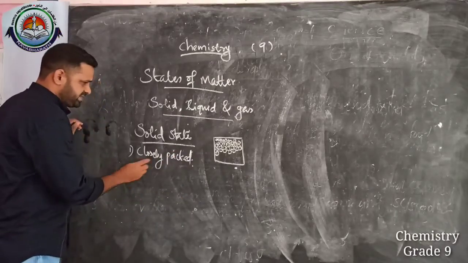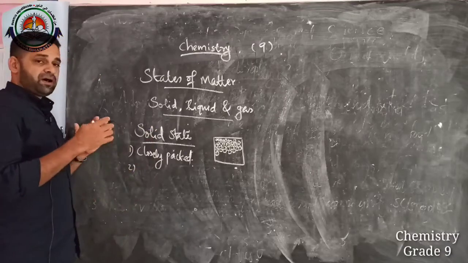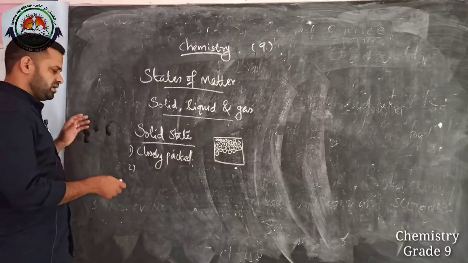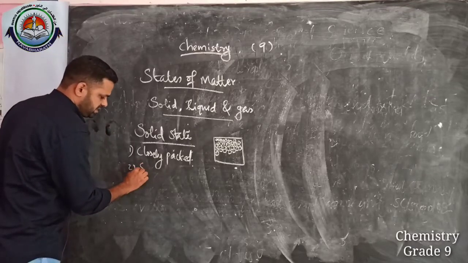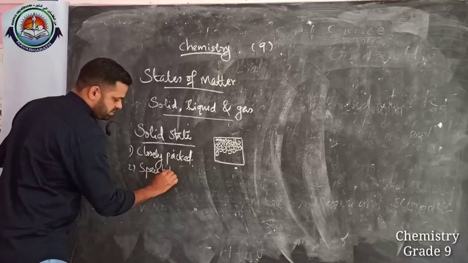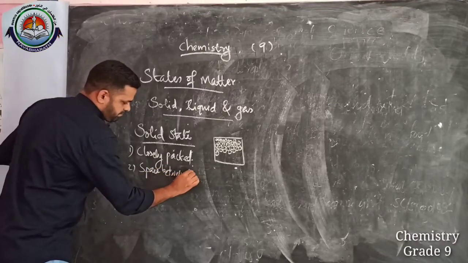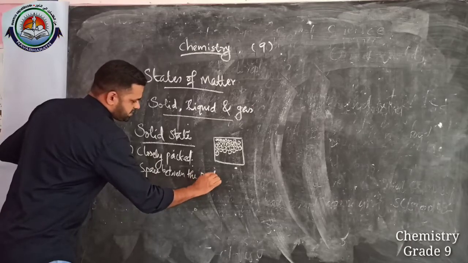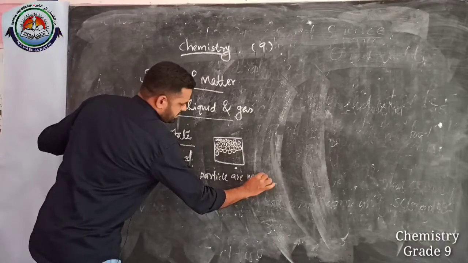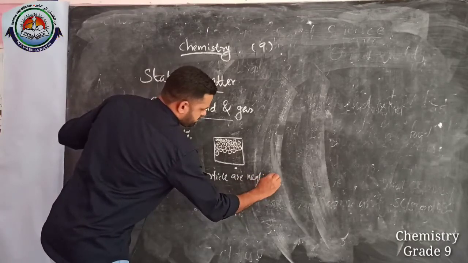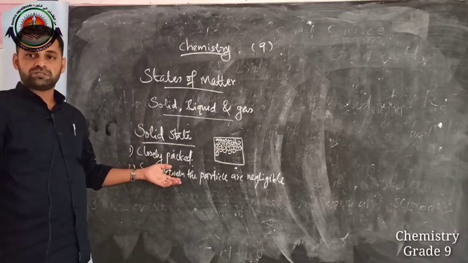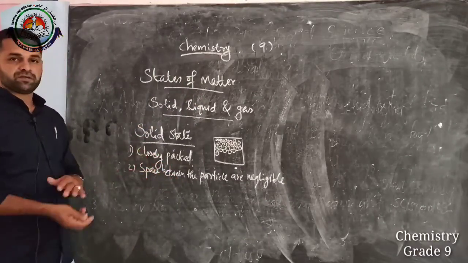Then the second one, since they are closely packed, the interparticle distance is very less. The space between the particles is negligible, or there is no intermolecular space between the particles.